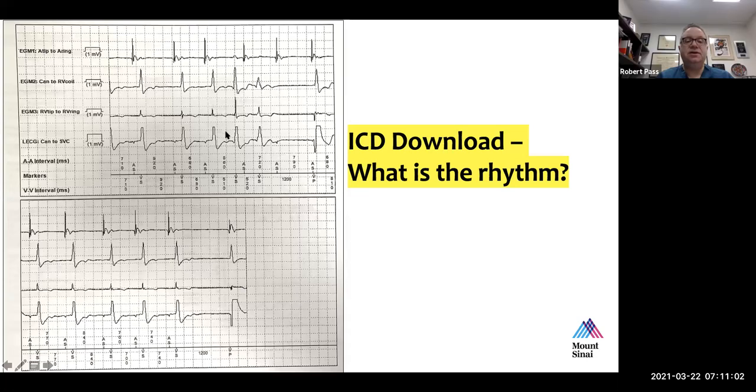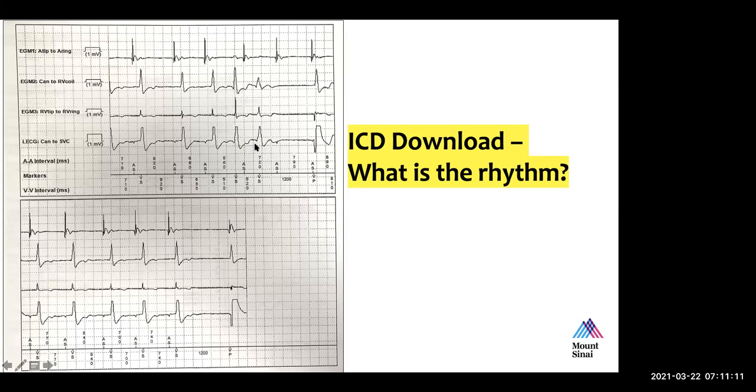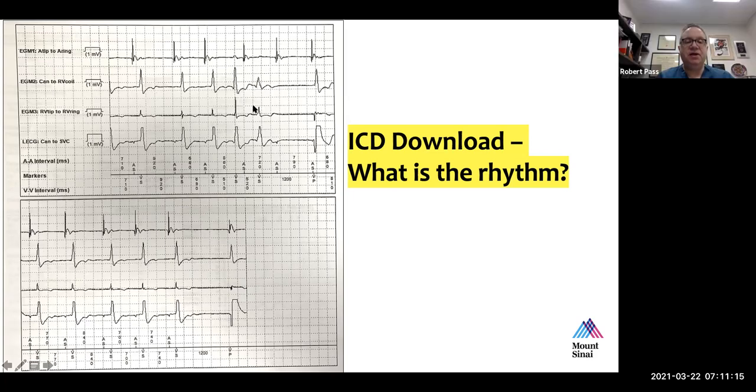Right. So this is an example of what is probably a ventricular couplet, or 2 PVCs in a row. Now, we know that because we have V's before A's, right? And also, if you look at the electrogram in all 3 leads, and this is one of the nice things about having different electrograms to look at, I think you would agree that these 2 beats have a different morphology than these presumably sinus beats, right?